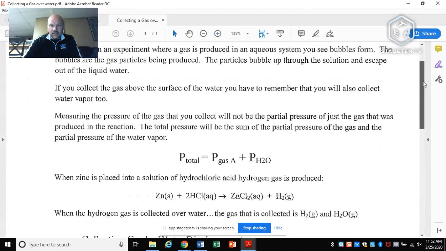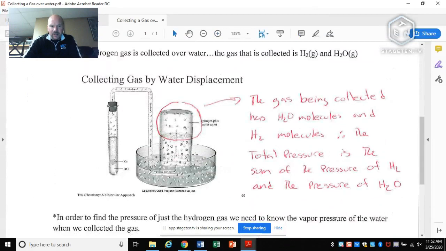Okay, so let's understand what happens when you're collecting a gas over water. It's this kind of setup right here. You have a tube where you're producing a gas in a reaction over here. Remember, when we did the chemical reactions lab, we did zinc and HCl, and the H2 gas bubbled out of solution, and then we made that zip sound when we tested for the hydrogen gas.